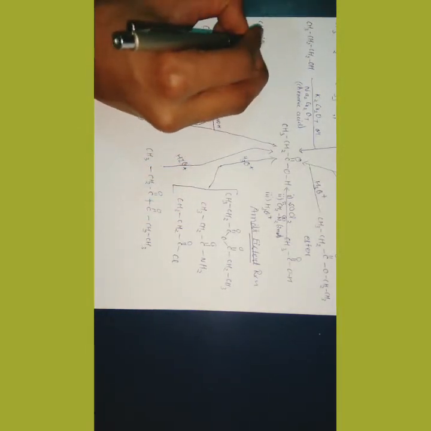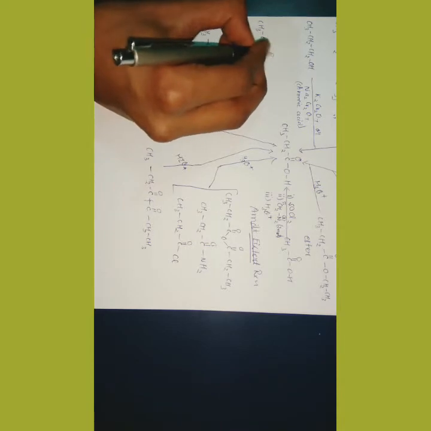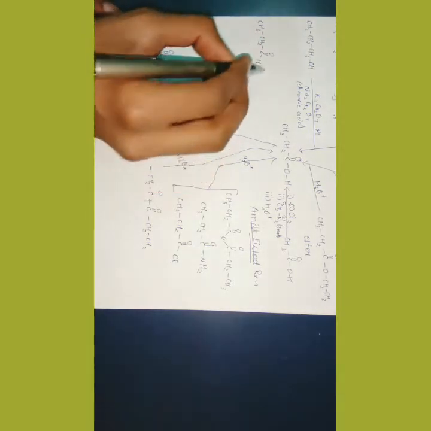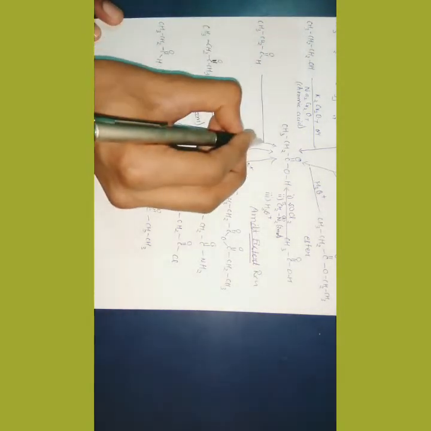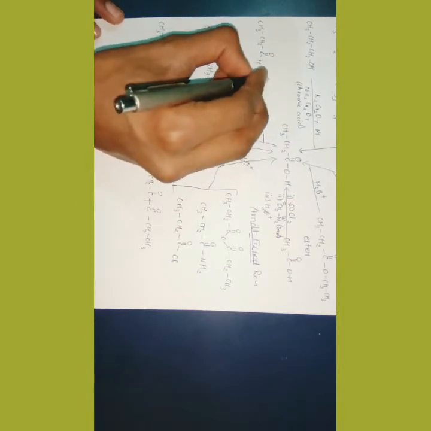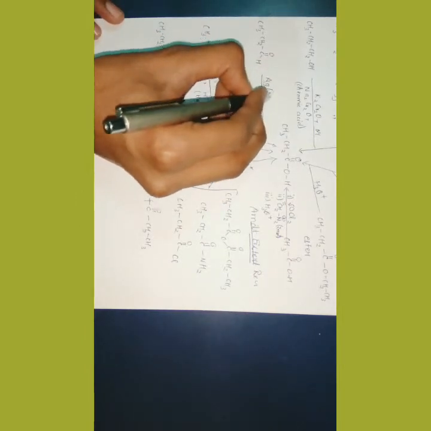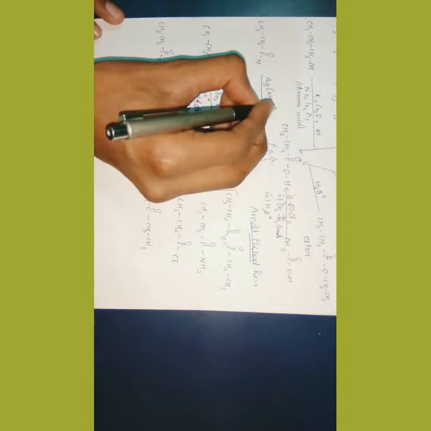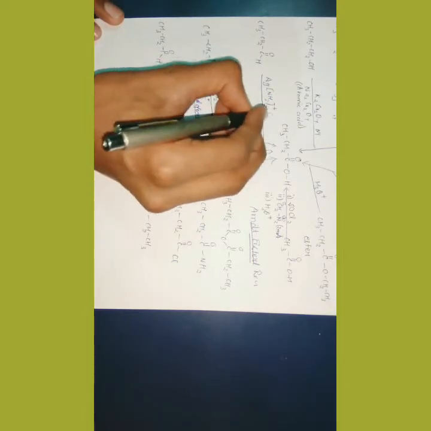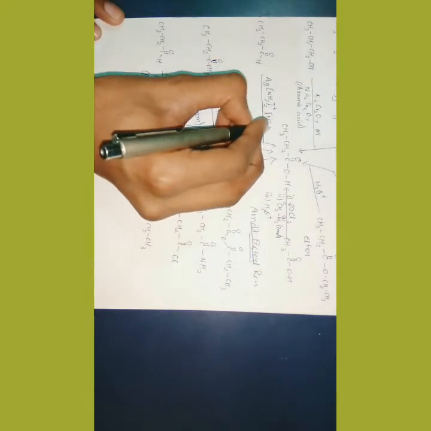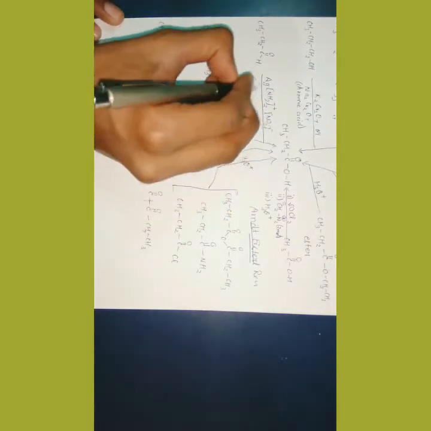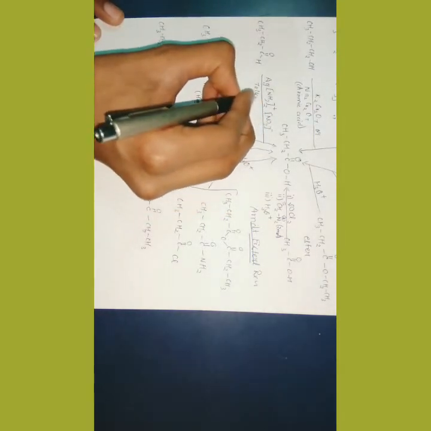And if we take another aldehyde, CH3CH2CHO, and treat it with silver nitrate, Ag(NH3)2 plus, that means the Tollens test, and NO3 minus, it will give a carboxylic acid.